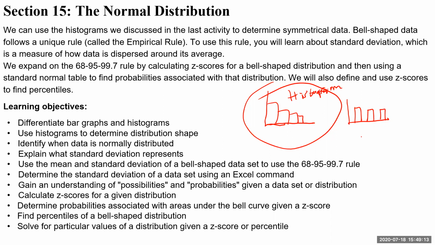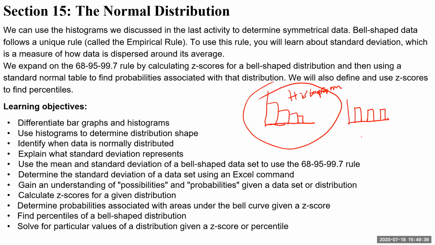Now, bell-shaped data follows a unique rule called the empirical rule. To use this rule, you will learn about standard deviation, which is a measure of how data is dispersed around its average. We will expand on the 68, 95, 99.7 rule by calculating the z-score for a bell-shaped distribution.